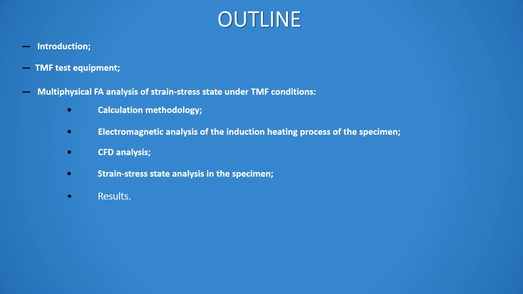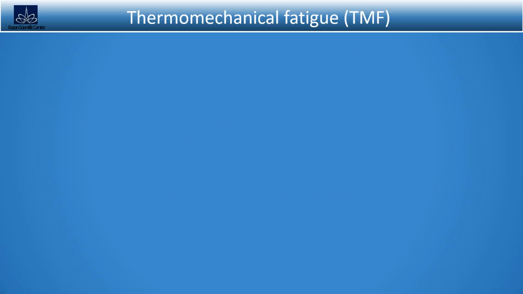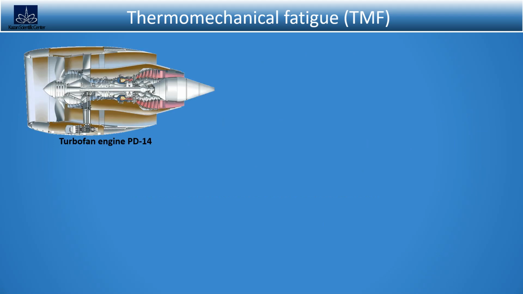So, a few words about the relevance of the problem. Thermomechanical fatigue is perhaps the most typical loading of structural components operating at elevated temperatures, in particular in modern turbofan engines with a high compression ratio in an axial compressor.